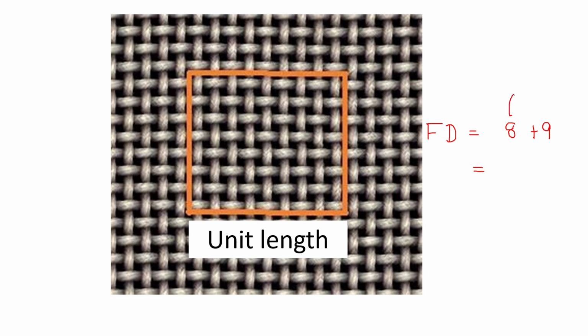These are picks. These are ends. So it equals 17. So fabric density equals the total number of warp yarns and weft yarns.